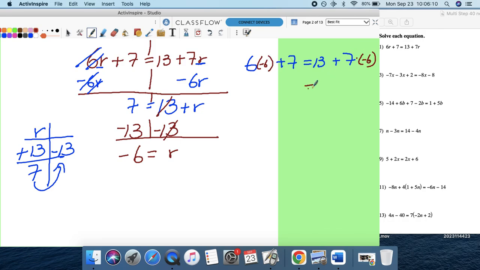Take your calculators if you like, and you're going to tell me if the left side equals the right side. Does it? 6 times negative 6 is negative 36, plus 7. And on this side we got 13, and 7 times negative 6, so plus negative 42. So this equals, am I forgetting something here?